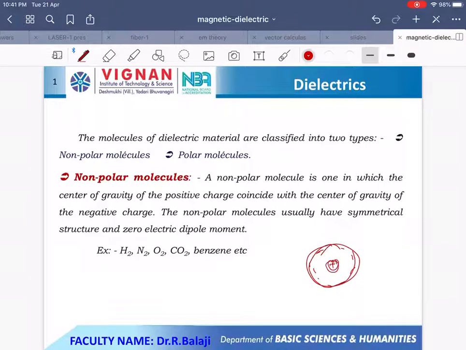In this atom, the entire negative charge is concentrated at a particular point, called the center of gravity of negative charge. Similarly, the entire positive charge is concentrated at a particular point, called the center of gravity of positive charge, just like center of mass.